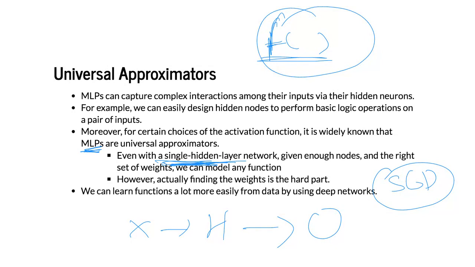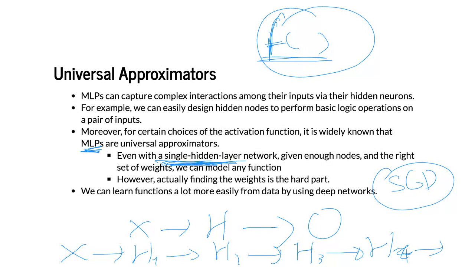However, if instead of using a single layer MLP, I use a multi-layer MLP with several layers, H1, H2, H3, H4, O, that's the output, then SGD is powerful enough to find the weights.